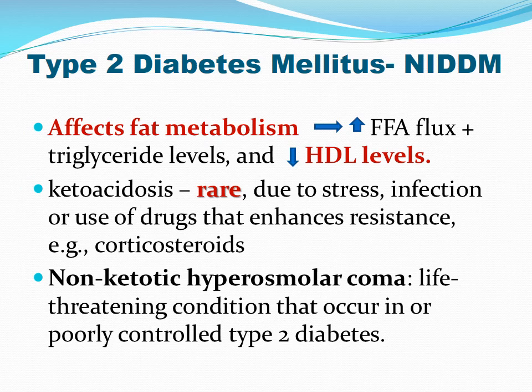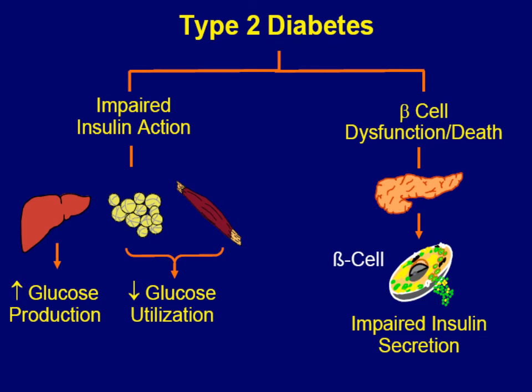Non-ketotic hyperosmolar coma is more common with type 2 diabetes. It is a life-threatening condition characterized by hyperglycemia and dehydration that occurs in poorly controlled type 2 diabetes. As we said before, type 2 diabetes is associated with either impaired action of insulin or dysfunction in beta cells.